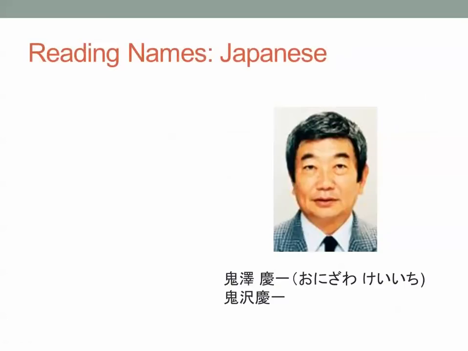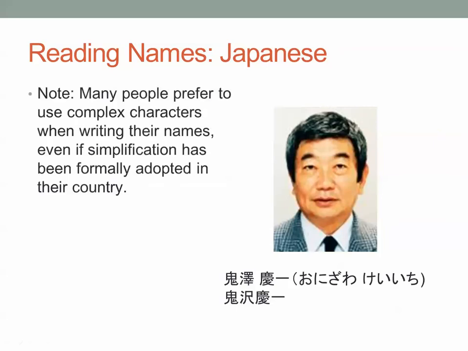Before I go any further, I also want to point out just one little thing. A lot of Japanese prefer to use complex kanji when they write their names, even if simplification has already been adopted when they're born. I guess it adds a little bit of class to somebody's name.